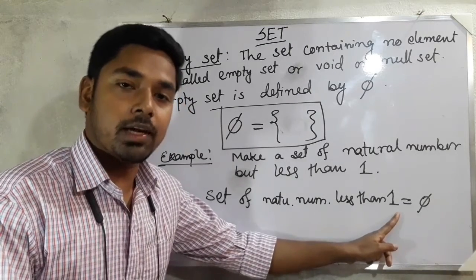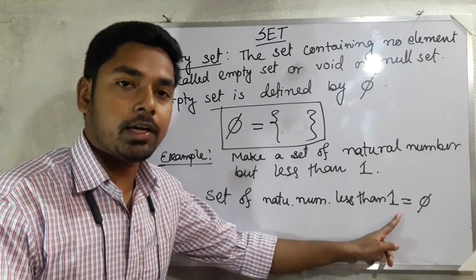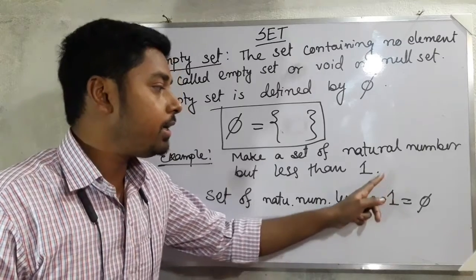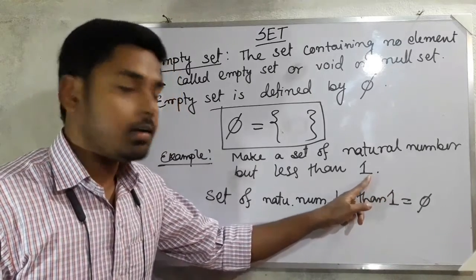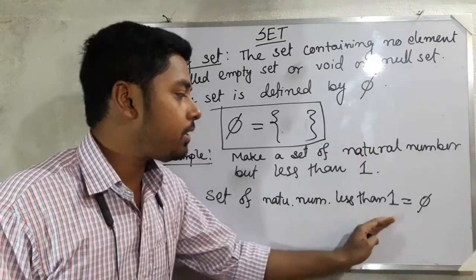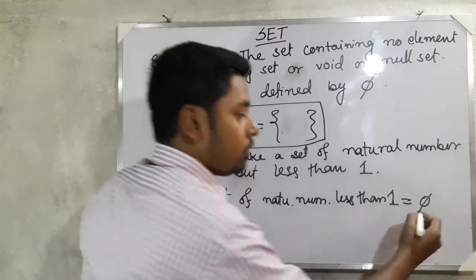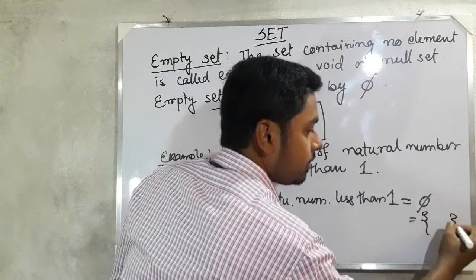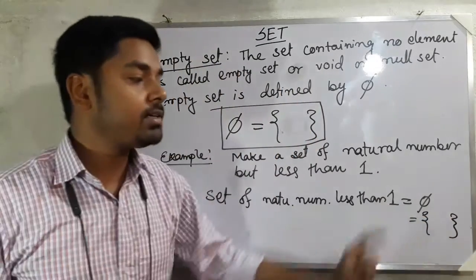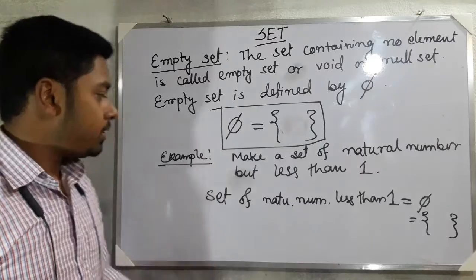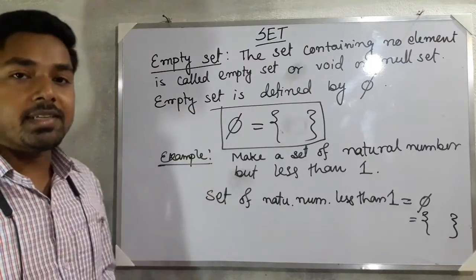Below 1 we cannot have any natural number which is less than 1. So the set of natural numbers less than 1 equals phi. Phi means what? No element. It is vacant, no element. So this is the empty set.